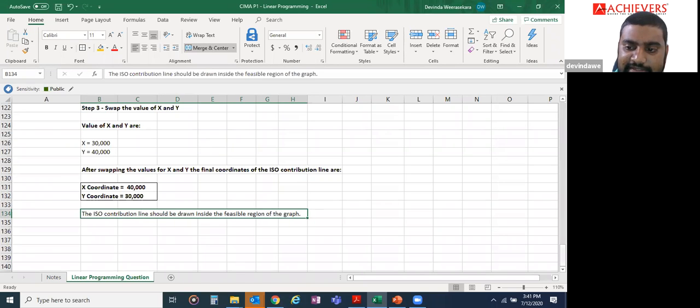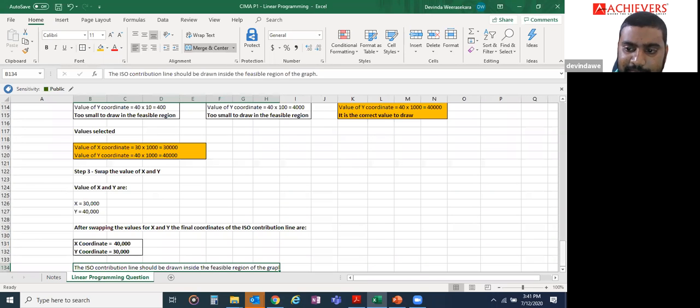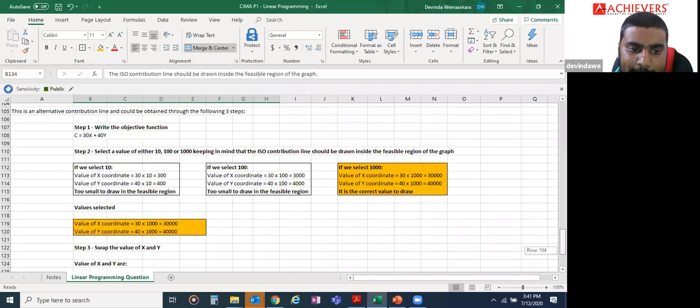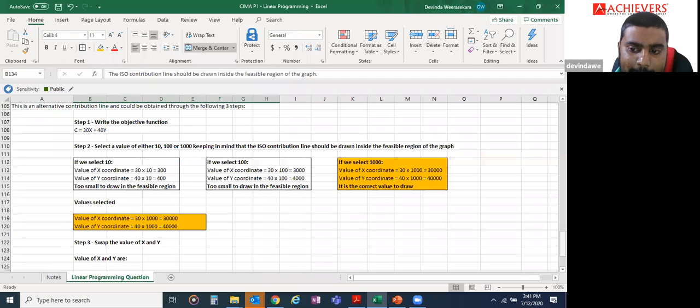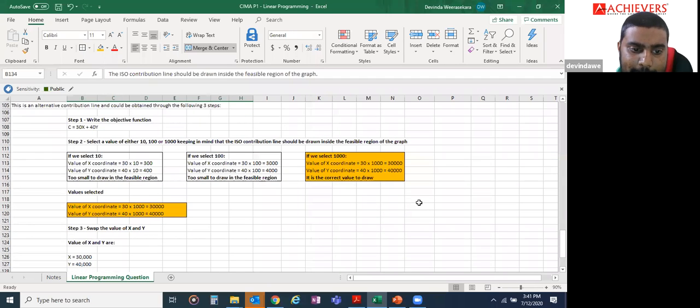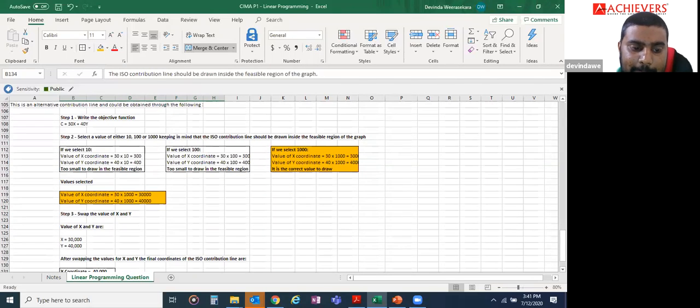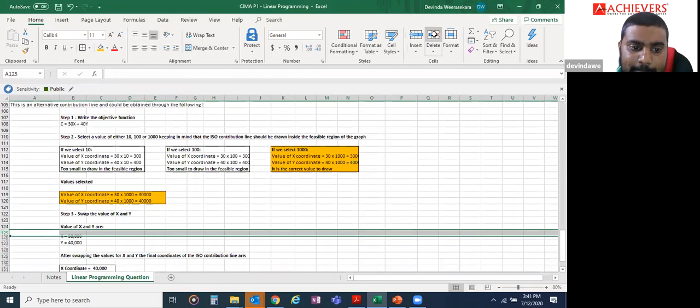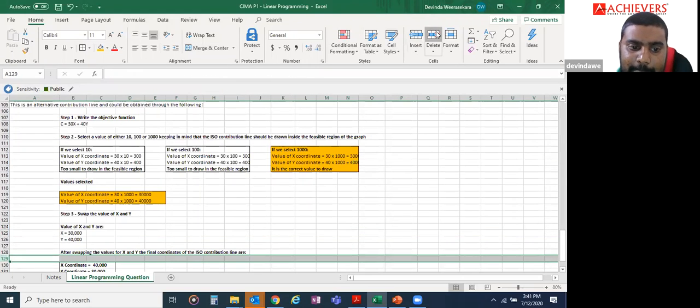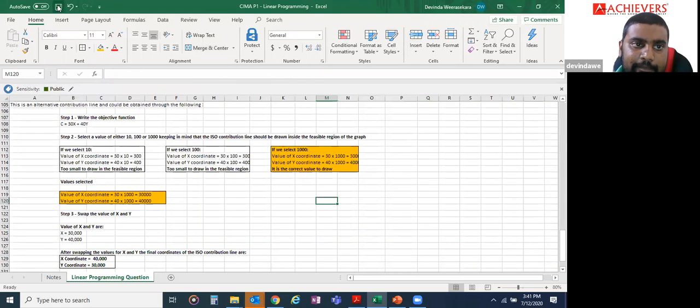Take down these 3 steps, guys. Take down the 3 steps of getting the iso contribution line.